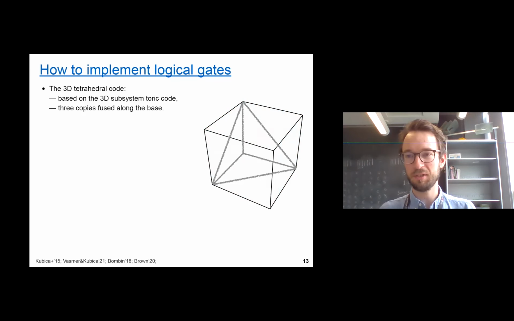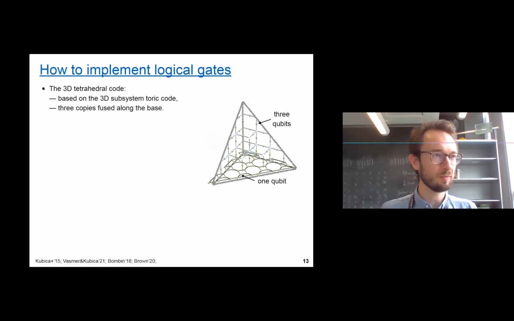You can take this thing and play a trick where you do this unfolding on it, and then what you end up having is 3 tetrahedral toric codes fused along the base. Each one of them has the structure of the 3D subsystem toric code.